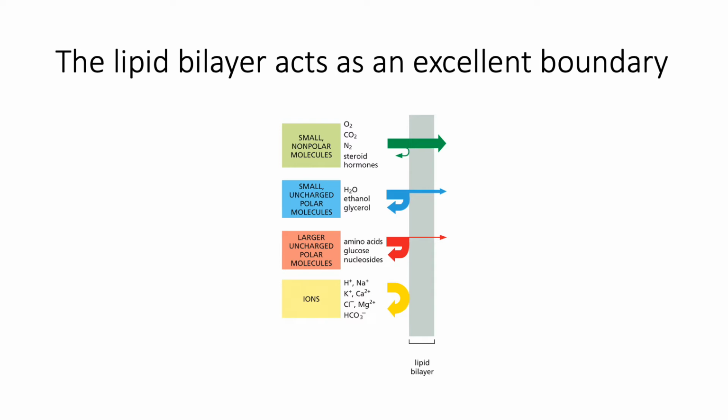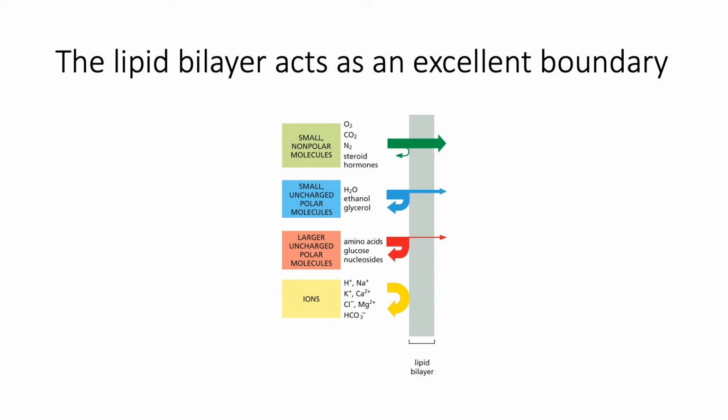Water can get through to some degree, but in addition, there are proteins that act as pores that specifically let water through, and those are called aquaporins. We'll look at the structure of one of those a little bit later. But there are proteins that allow water through, even though it can't get through on its own to some extent.